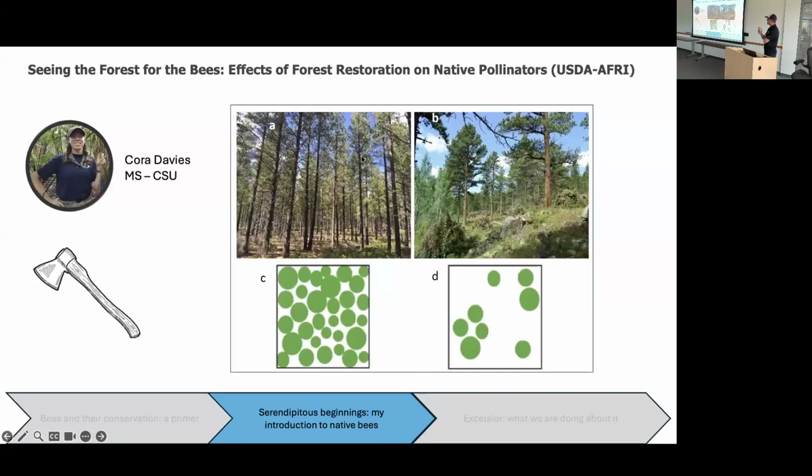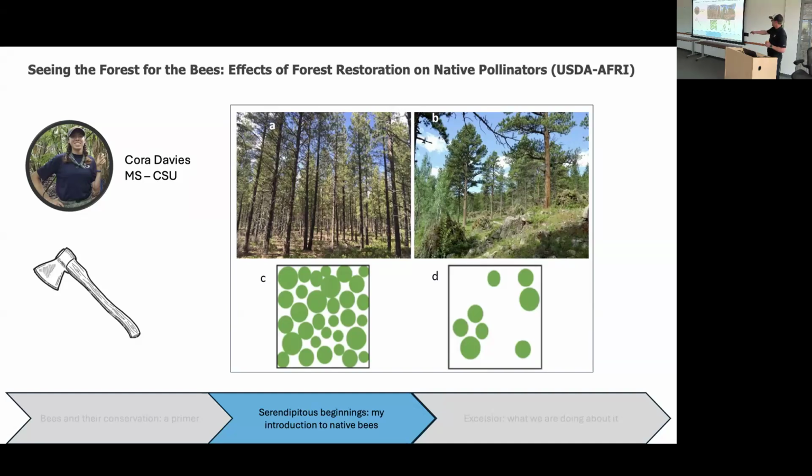And for those of you who know the story of ponderosa pine in the southwestern part of the United States, a century of fire extirpation policies basically led to conditions where stands can grow to be quite dense, single-storied. This is a representation of a high basal area stand, and this results, of course, in the loss of the understory.